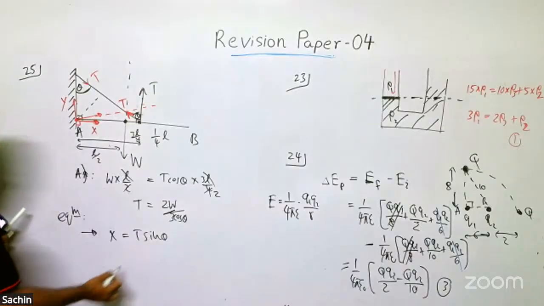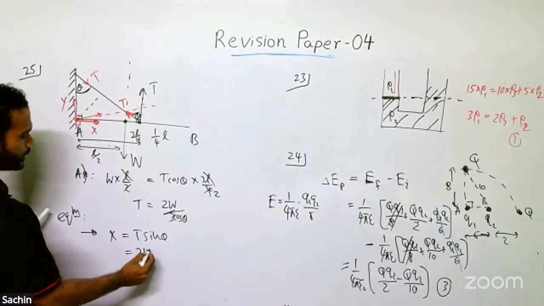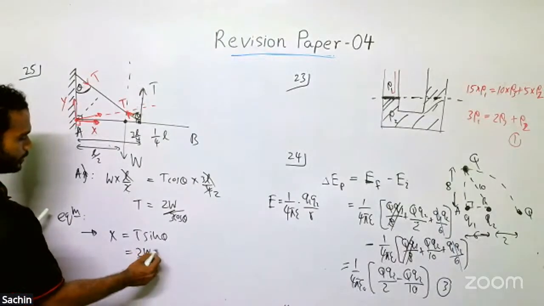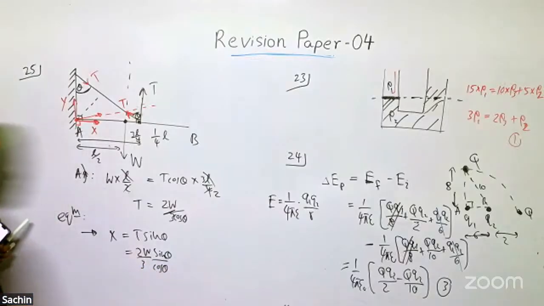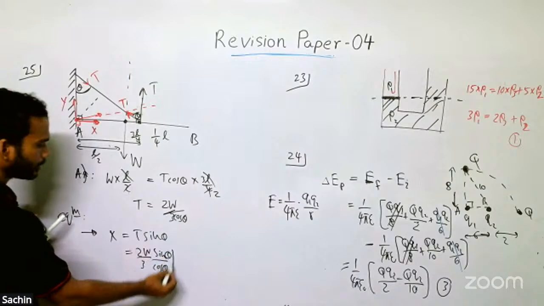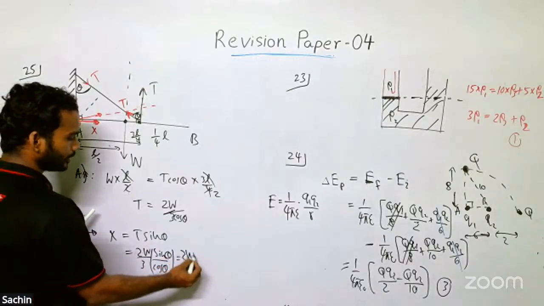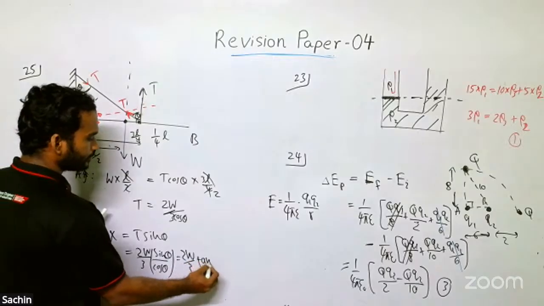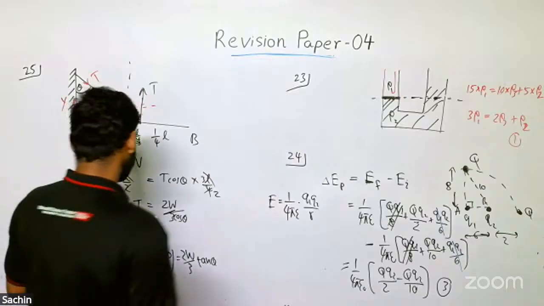So T sin theta. We already saw that T is equal to 2W over 3 cos theta, and I just wrote cos theta under sin theta because then there is a separate meaning, that is tan theta. So the x component is 2W over 3 tan theta.